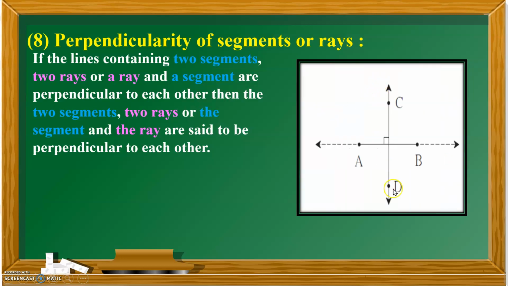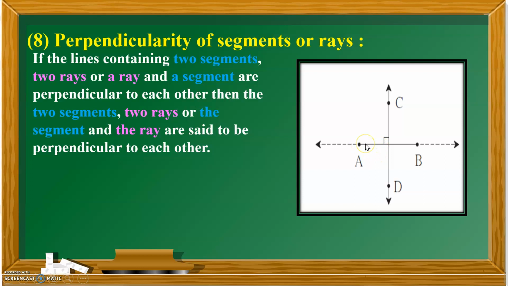In this figure, you can see there are two lines which contain two segments or two rays. Two rays, you can take ray AB, ray CD, or you can take ray BA and ray DC, any two rays, or ray AB and segment CD. You can take any one of them.